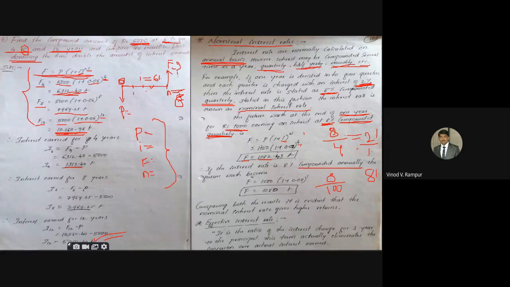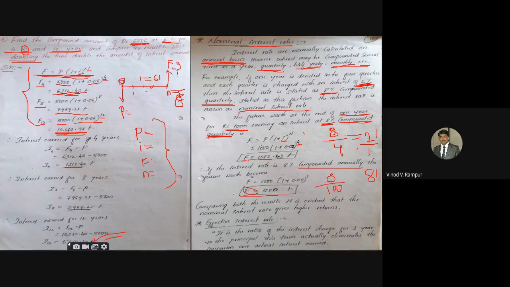Here for 3 months I am calculating. That means in 1 year there are 4 quarters, that is 3 months, 3 months, 3 and 3 months. 4 quarters, that's why I took 4. Now directly you have to take n as 1, then you have to calculate F is equal to 1080 rupees, a future sum of the amount you are getting.